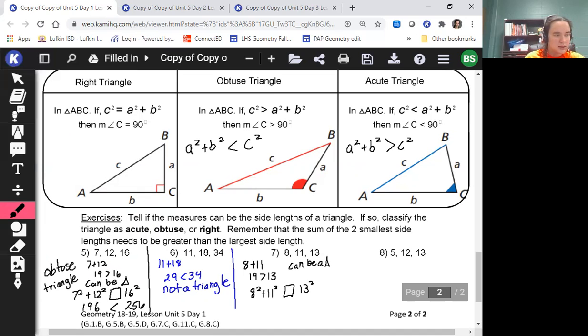So 8 squared plus 11 squared gets us 185, and 13 squared is 169. And 185 is greater than 169. So when c squared is smaller, that means we have an acute triangle.